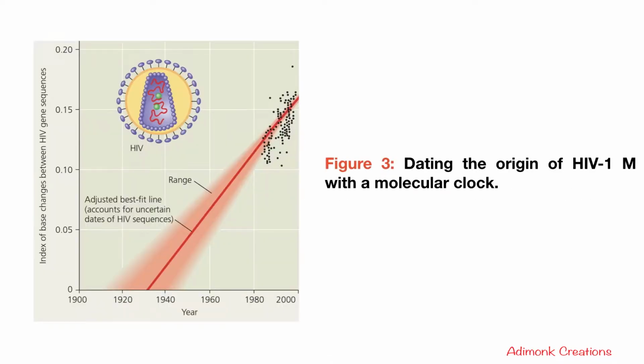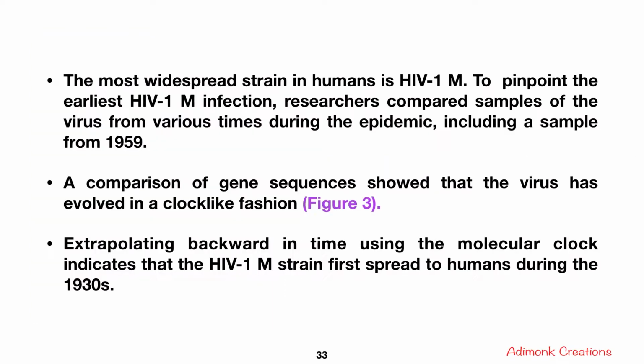This is the figure that shows the dating of the origin of the HIV-1M virus with the molecular clock. The most widespread strain in humans is HIV-1M. To pinpoint the earliest HIV-1M infections, researchers compared samples of the virus from various times during the epidemic, including a sample from 1959.